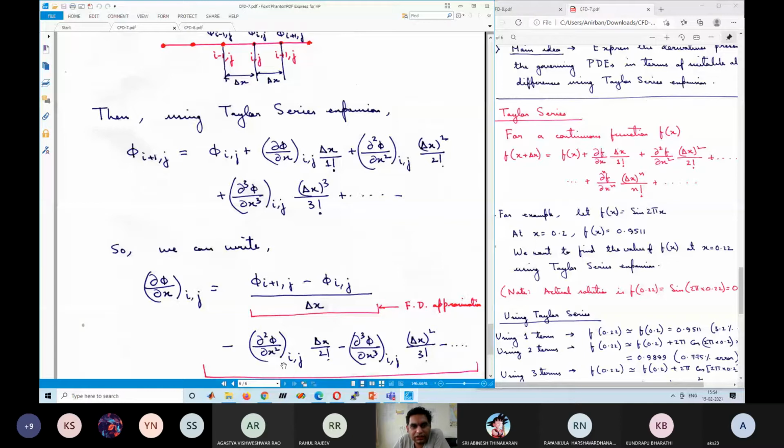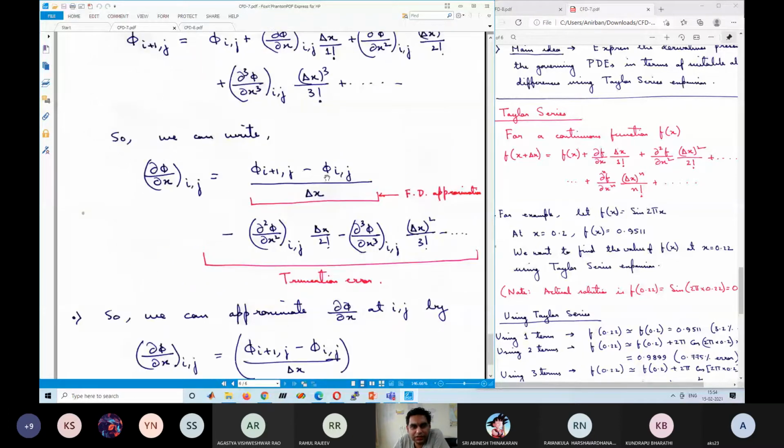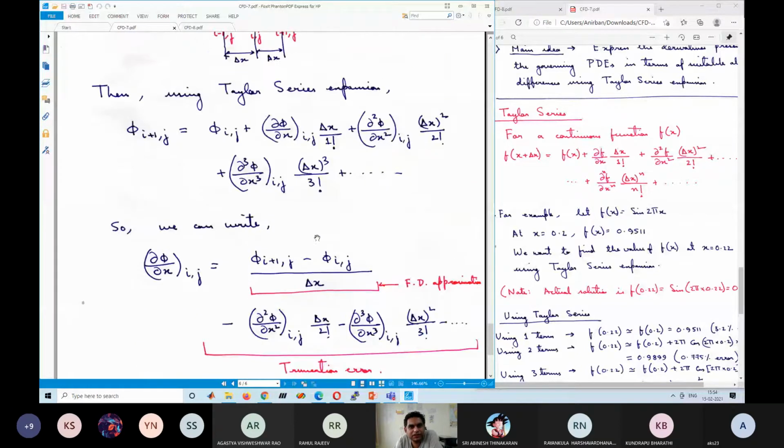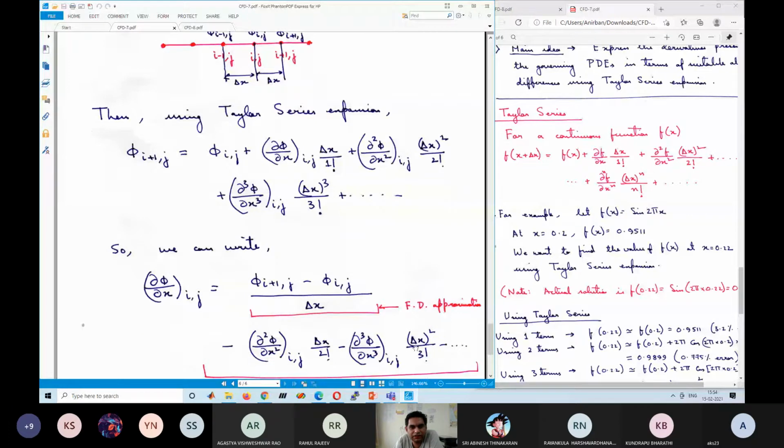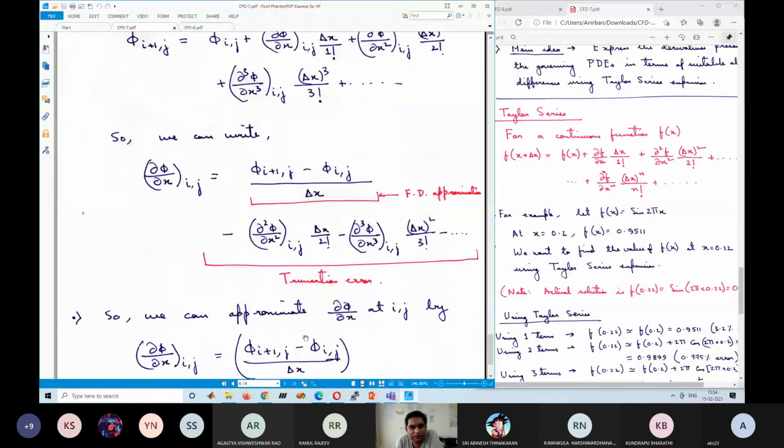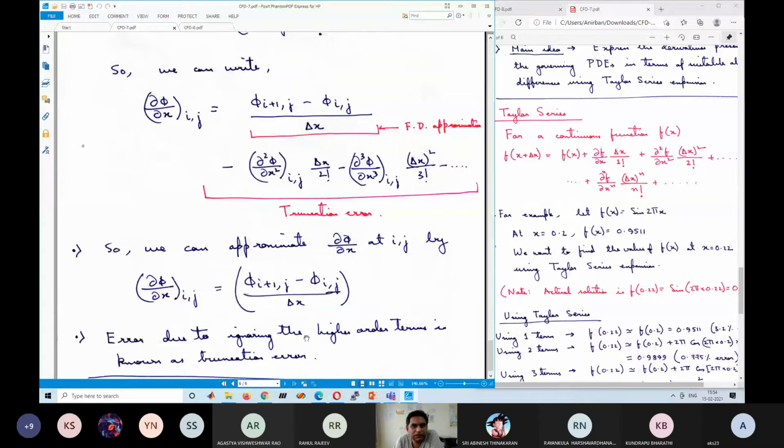These higher order terms are generally much smaller than the actual value because this delta x value should be very small. Otherwise, our Taylor series expansion will not be accurate. So the relative value of delta x has to be very small. It's a non-dimensional value. So what we have learned, we can approximate del phi del x at ij as phi i plus 1 j minus phi ij by delta x.